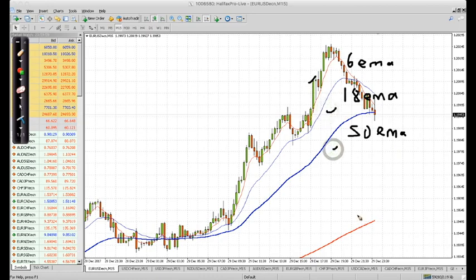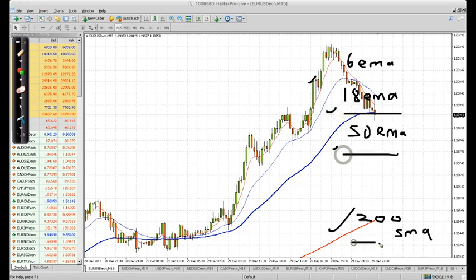And finally, I've got the 200 simple moving average, which is the red line. Right? Now, for this advanced course, I'll be focusing mainly on the 18, the 50, and the 200. I will not be looking at the 6 moving average very much. That is used for the impulse pullback and impulse pin bar strategy.